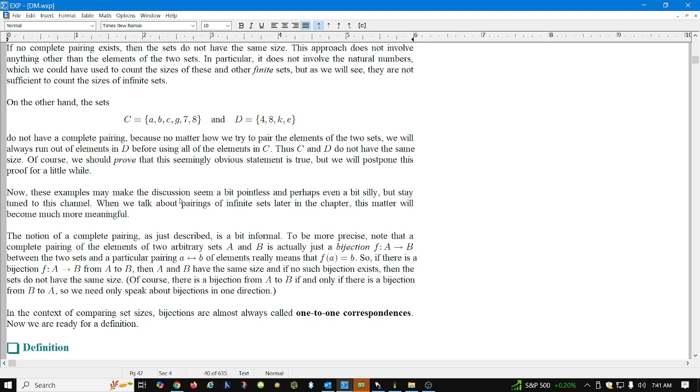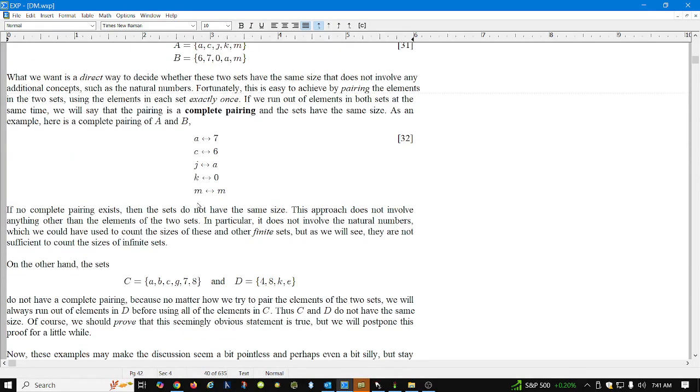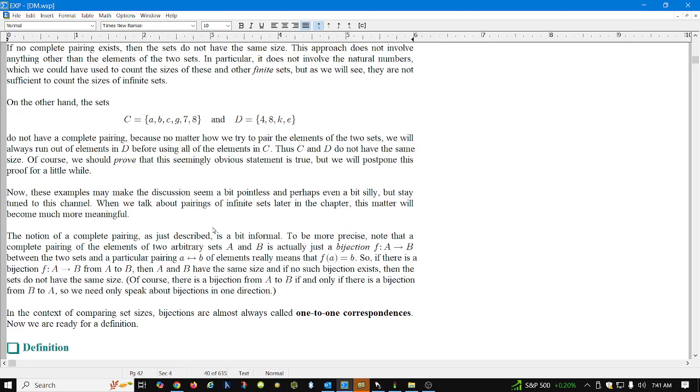This is where we get into the fascinating story of Cantor's development of infinite sets and their sizes. So I'm approaching this slowly, the basic concept of a complete pairing in terms of simple, small finite sets. But if that was the end of the story, I wouldn't be doing this.